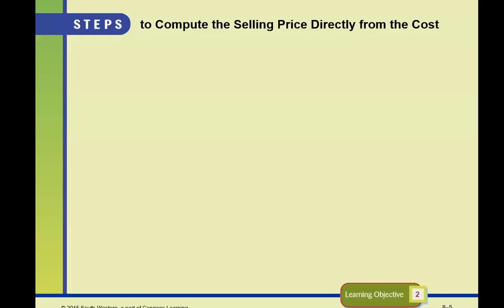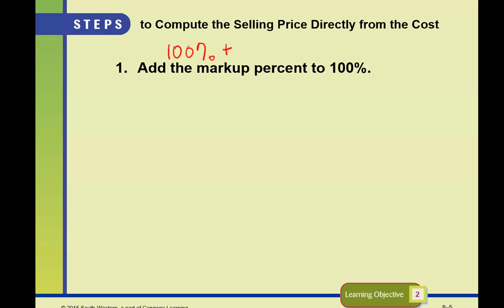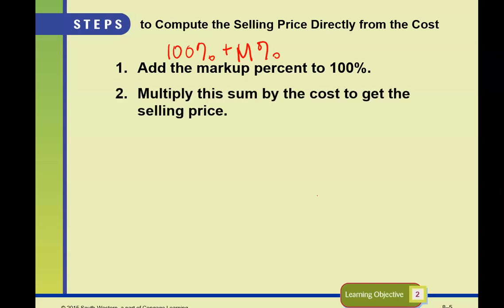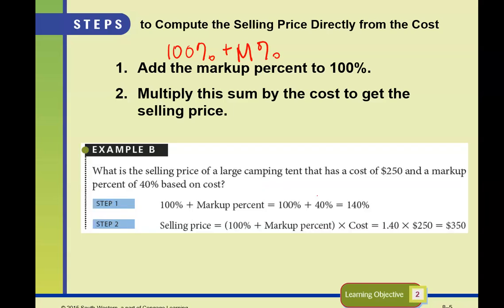Another thing we can do is to compute the selling price directly from the cost. To do that, you'll first need to add the markup percent to 100%. We're just adding those two together. The second step is to multiply that sum by the cost to get the selling price.